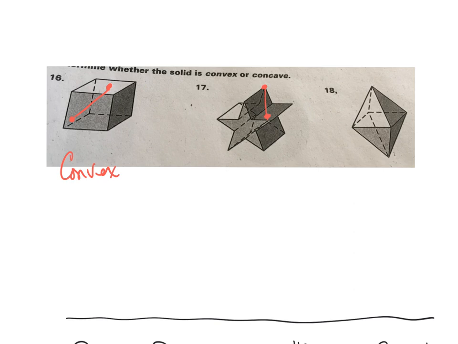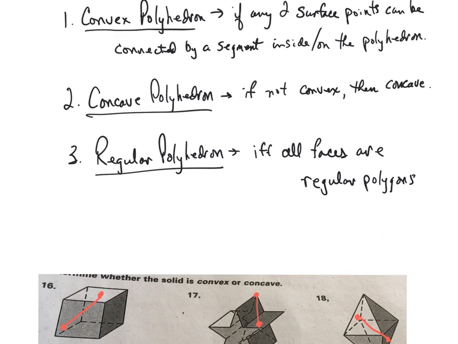It would be outside, so that one's going to be considered concave. And then this last shape, if I pick a point on the front, and maybe pick a point on this lower right, and I connected those with a segment, would the segment have to be inside? Yes, so that's considered convex. Okay, not real important, but pretty easy to make that determination.